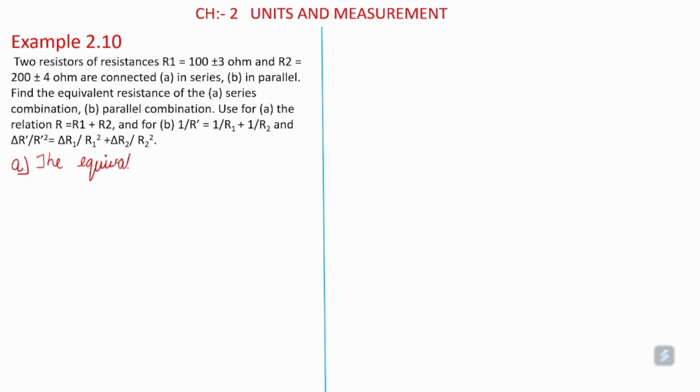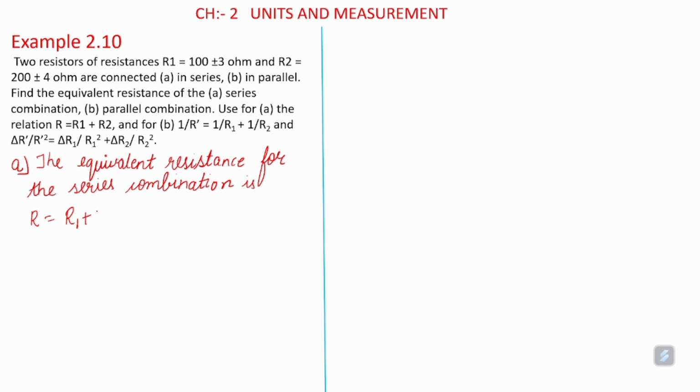So first for the series connection we will find the equivalent resistance for the series combination. R is equal to R1 plus R2, and here we have R1 as 100 plus or minus 3, plus our R2 is 200 plus or minus 4.